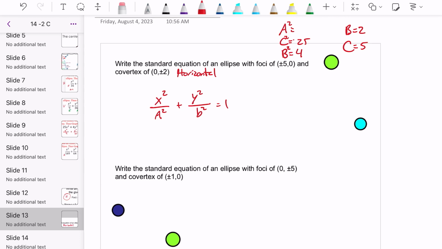We can plug into our equation. C squared is equal to A squared minus B squared. C squared is 25 minus 4, which is 21. C would be equal to the square root of 21.